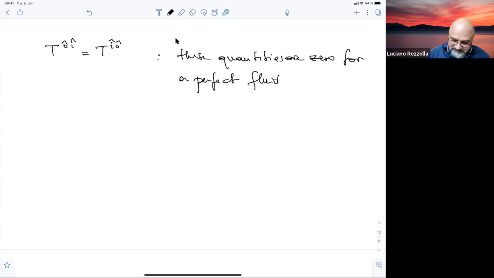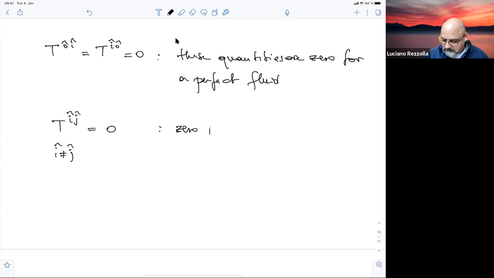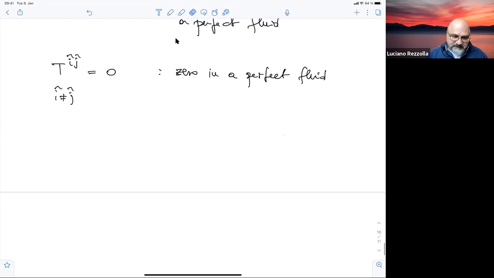Then I have Tij. This is also equal to 0 if i is different from j. So away from the diagonal, these momentum fluxes are 0. So a perfect fluid is a fluid satisfying these definitions.